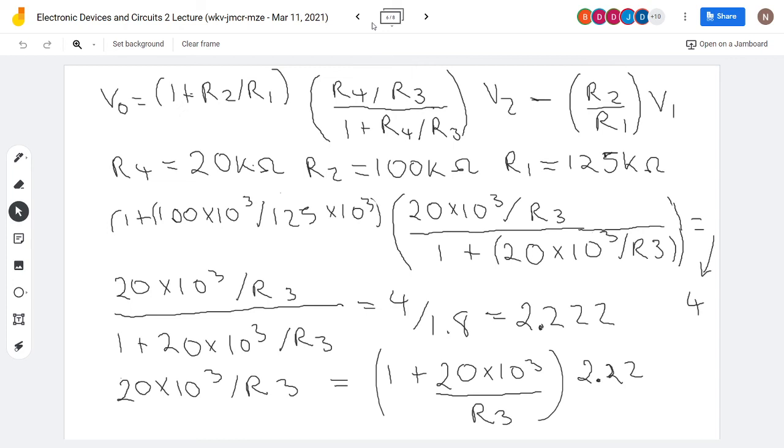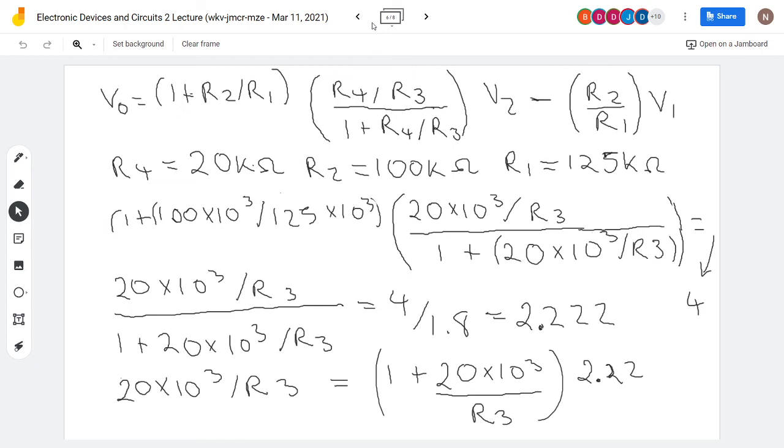Quickly. Can anyone write the output voltage for an integrator for me?